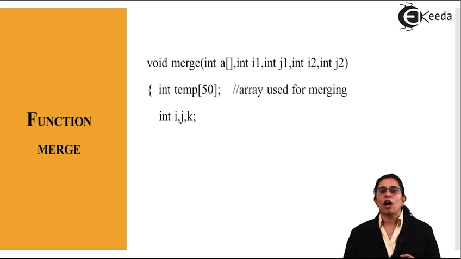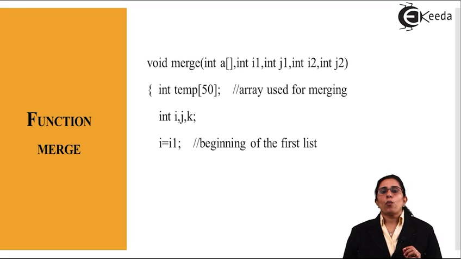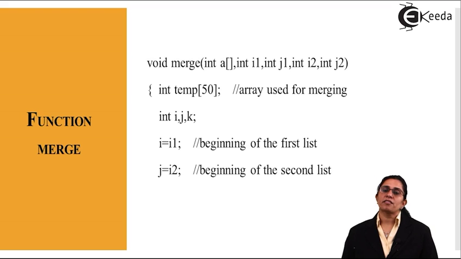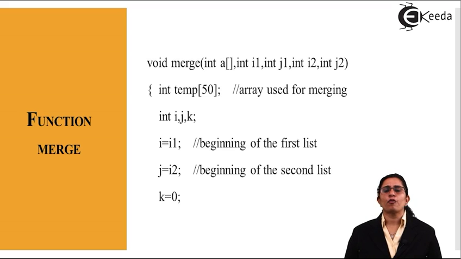So i and j are local variables to this function, which is known as void merge, and the life of these local variables will be only till this function is executing. I say i is equal to the value of i1. So whatever is my previous value of i which was passed to i1, that is the beginning of the first list, is assigned to i. j is equal to i2, that is the beginning of the second list is assigned to the variable j. k is a simple variable which is taken for iteration purpose, as k is equal to 0.